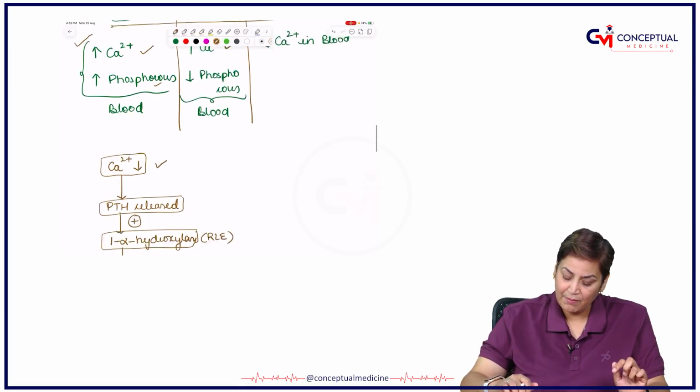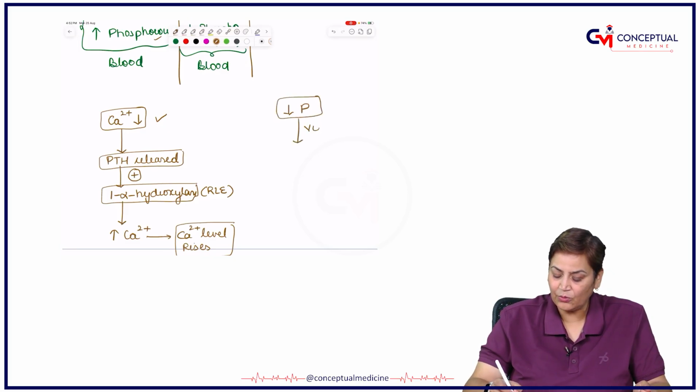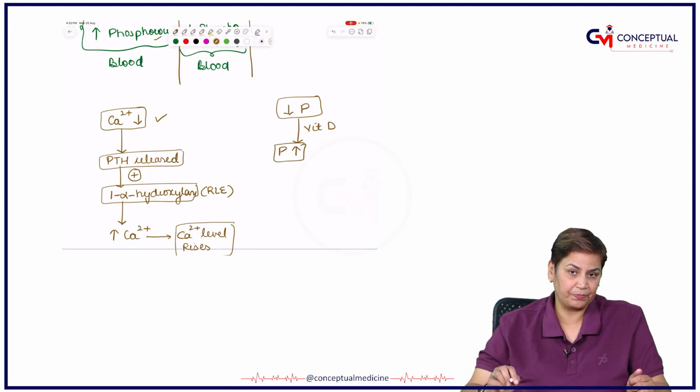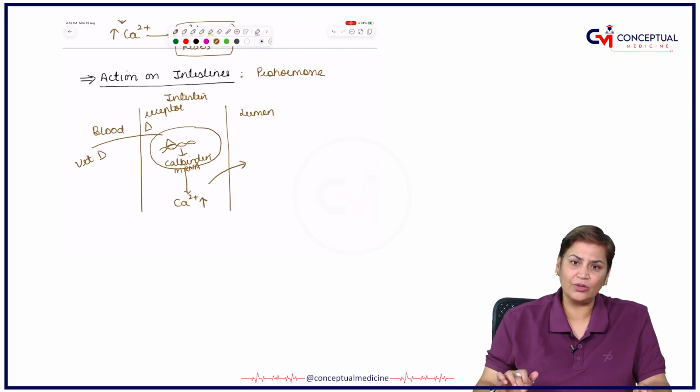So always remember, whenever there is decreased concentration of phosphorus, it is going to accelerate vitamin D so that the concentration of phosphorus will increase, because PTH will always try to bring the level of phosphorus down. Okay. Then this is the action on the intestines.